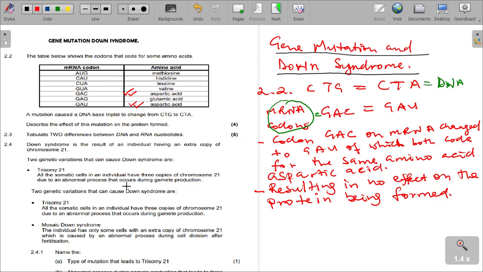Let's go to the next question, 2.3. Tabulate the difference between DNA and RNA nucleotides.